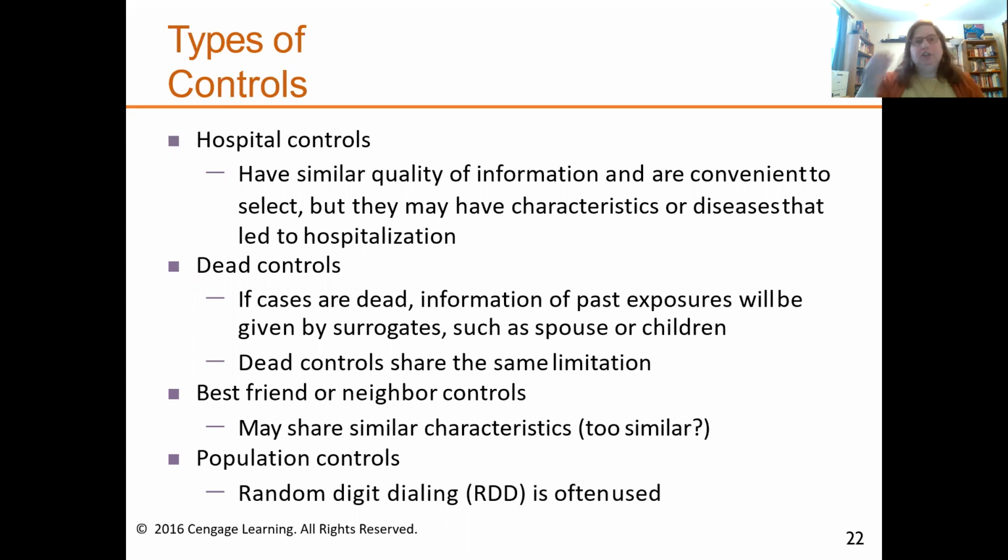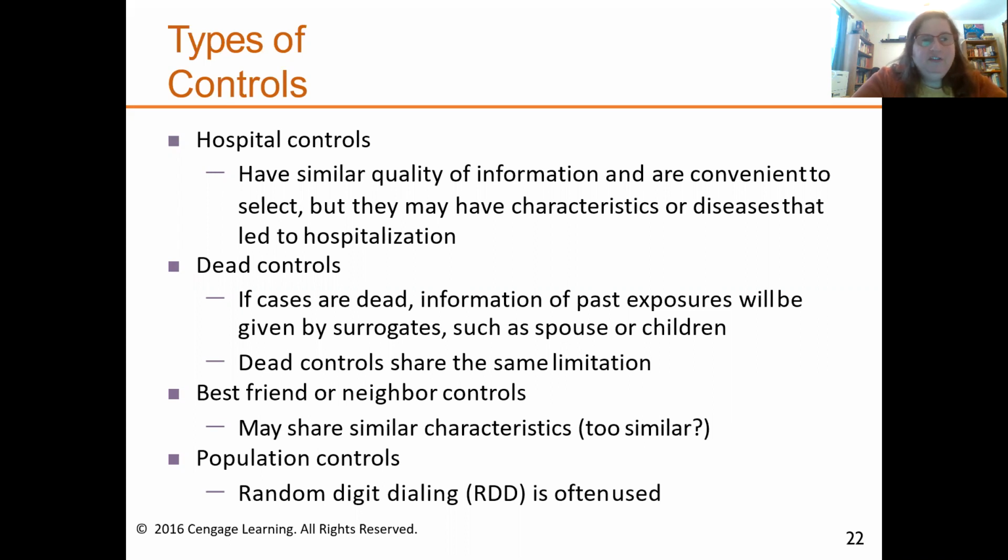Okay, so we're looking at coronary heart disease. So if we take hospital controls, what's really nice is we're going to get some really good information, right? Convenient. But again, maybe they have other diseases going on that led to their hospitalization. So that could be a bit of an issue.